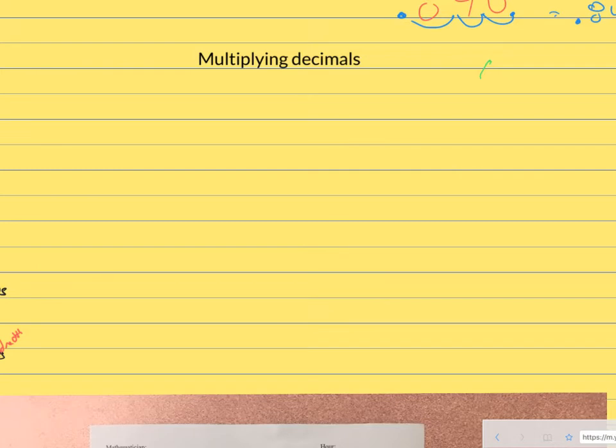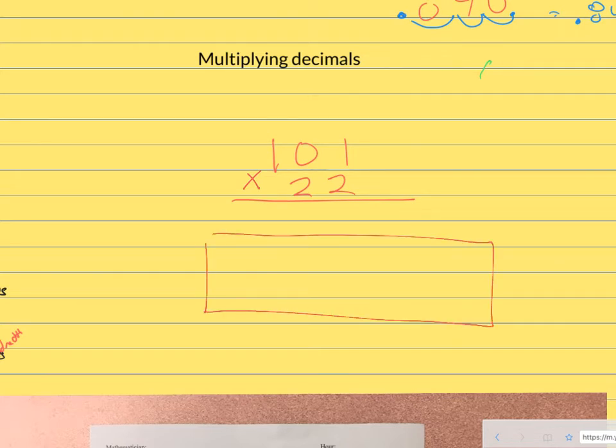Let's do 101 times 22. We'll keep it nice and easy. All right, so I'm going to do my method that you guys learned in elementary school first. And we're going to have 3 boxes because you have 3 numbers here, 3 boxes.